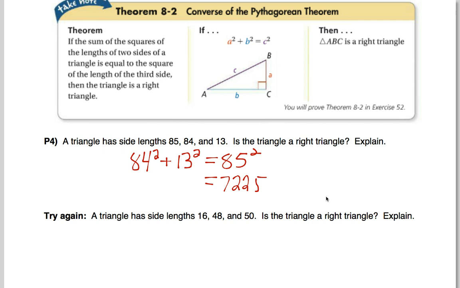And the sum of the other two squares is the same thing. And we can explain that and just say yes, because the three side lengths respect the Pythagorean theorem relationship.